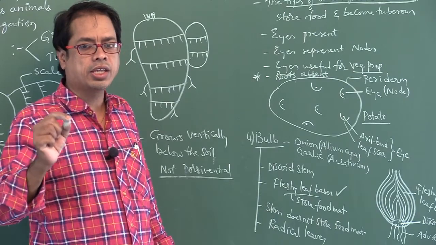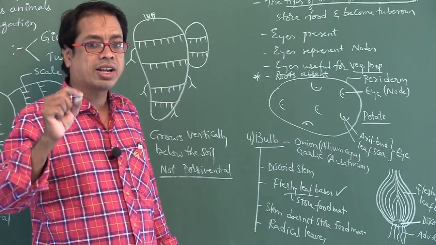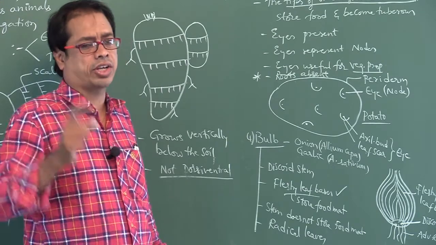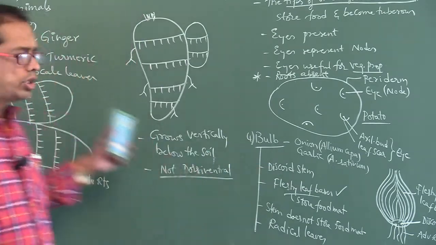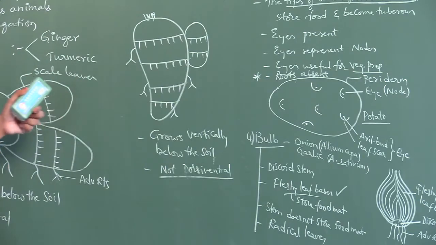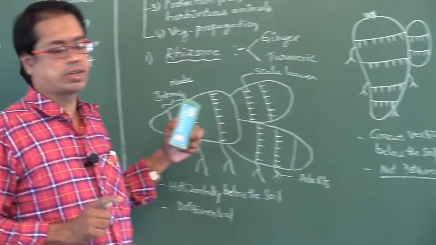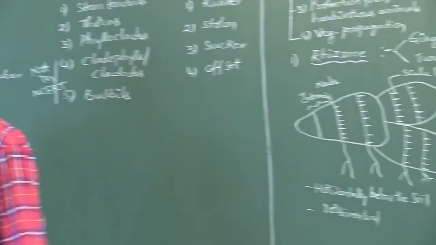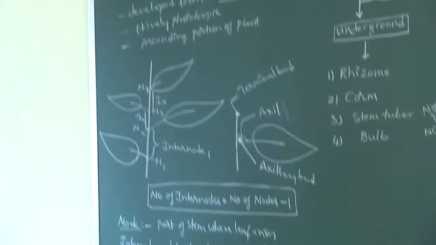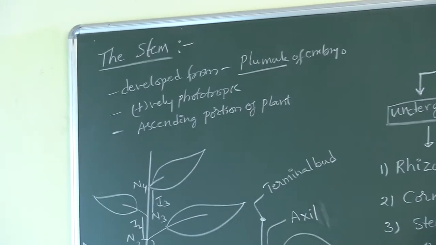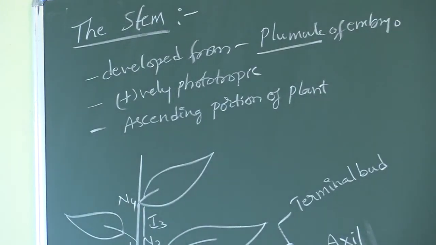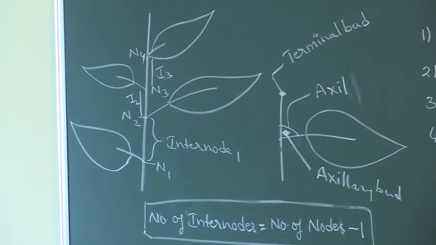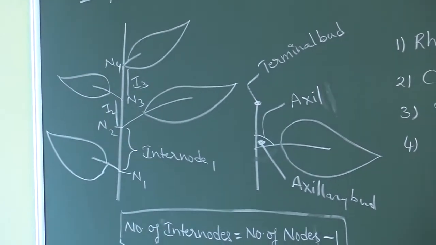The stem shape is disc-like or discoid, or the stem is reduced into a disc-like structure. Okay, so these are the 4 different types of underground stem modifications. So please note down all these points, my dear students. Later I will explain.